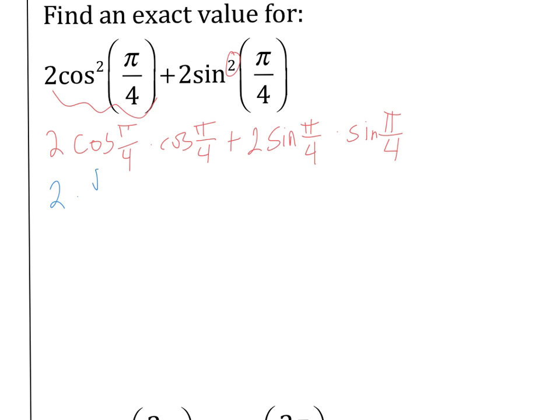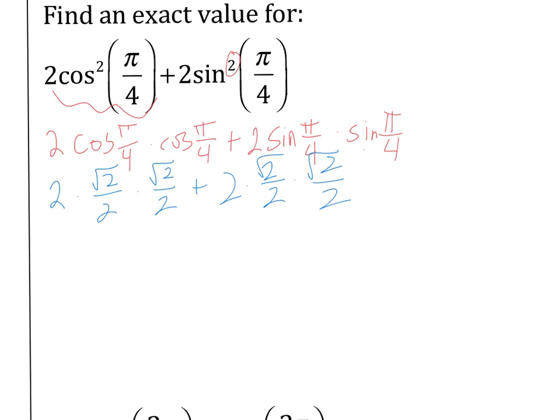Cosine pi over 4 is the square root of 2 over 2. Sine of pi over 4 is the square root of 2 over 2.